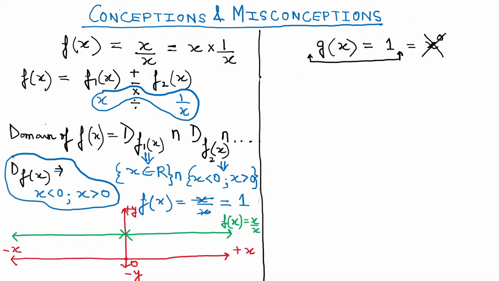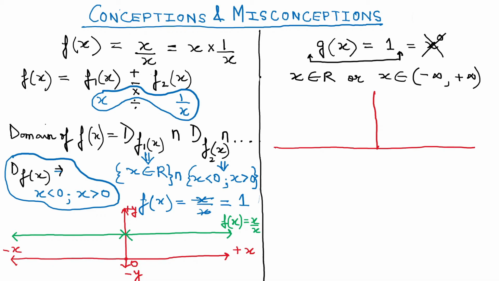Okay, now if I have to specify the domain of this function, I know that the domain here is, either I say real numbers or I say x extends from minus infinity to plus infinity. This is what I can say. If I had to draw the graph, I can draw the graph also as I had drawn in the earlier case. The only difference being here I'm going to draw the graph of g(x).